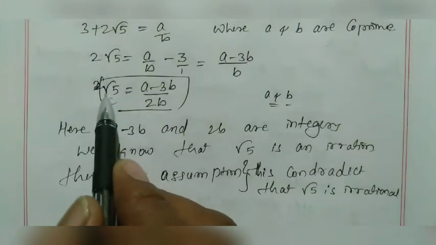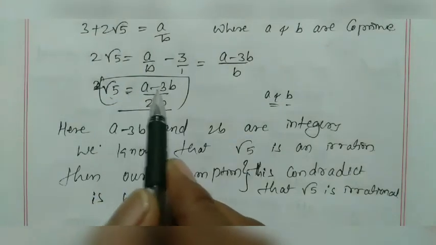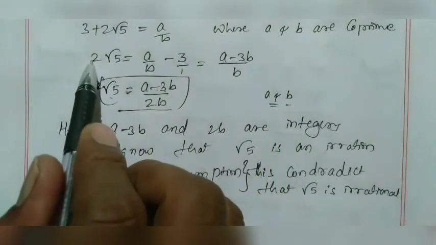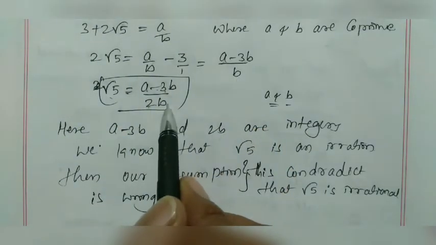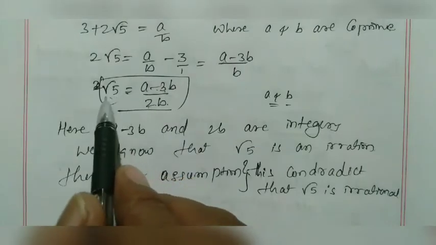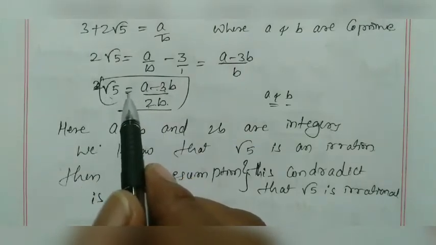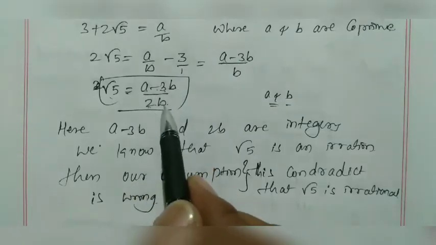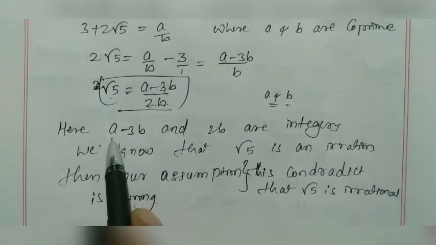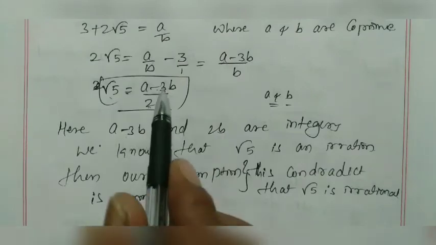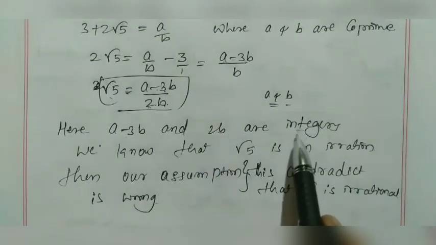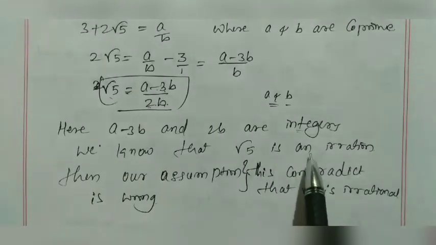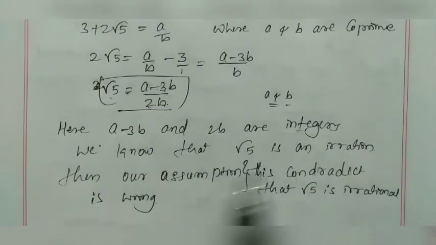So root 5 equals a minus 3b divided by 2b. Here root 5 equals a by b, meaning a minus 3b divided by 2b. Here a minus 3b and 2b are integers. But we know that root 5 is irrational.